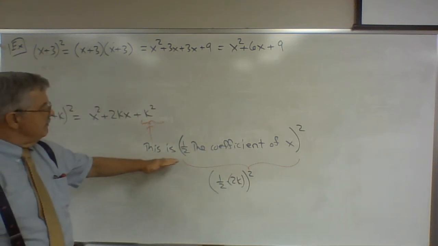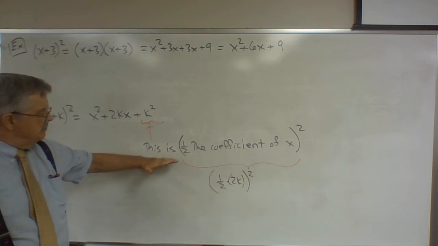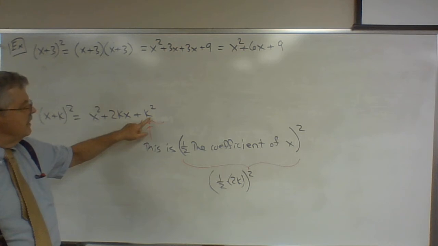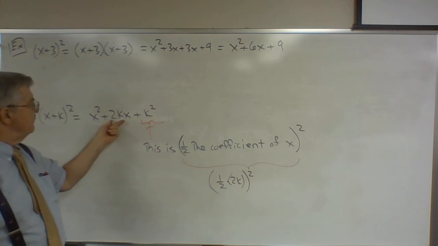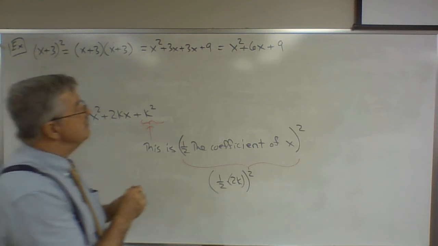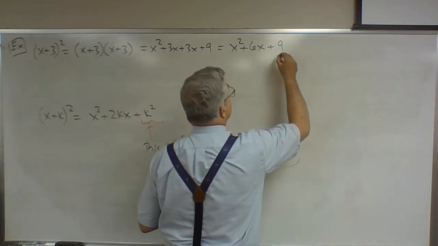Now, what we observed previously is that the constant term is going to be 1/2 the coefficient of x, squared. Does that work? Let's see.